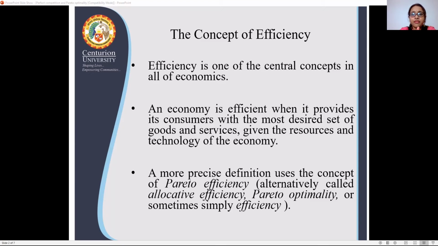So when we talk of efficiency, it means that almost all the consumers' demands are met given the resources and technology of the economy. Economic efficiency is different from engineering efficiency. And sometimes it will be economical to use a production method that is less efficient from an engineering point of view. Let's take an example.